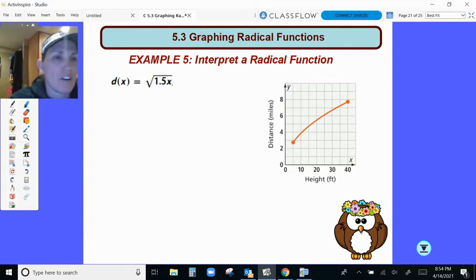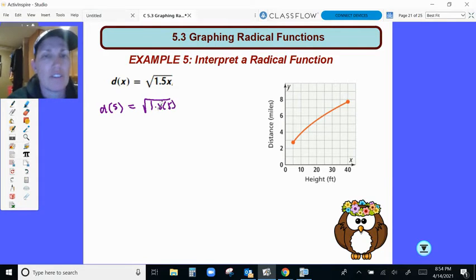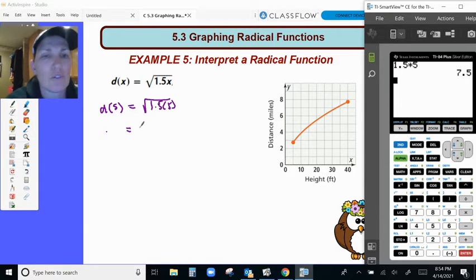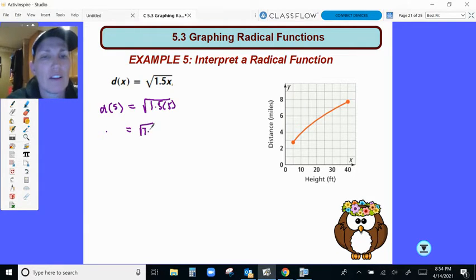So first of all, we have our distance of 5. We plug that in there. That'll be 1.5 times 5. Oh, sorry. And then that's going to be equal to, and I'm going to write my calculator out here. If I take my 1.5 times my 5, I should get 7.5, I believe. Yes. Okay, so square root of 7.5.